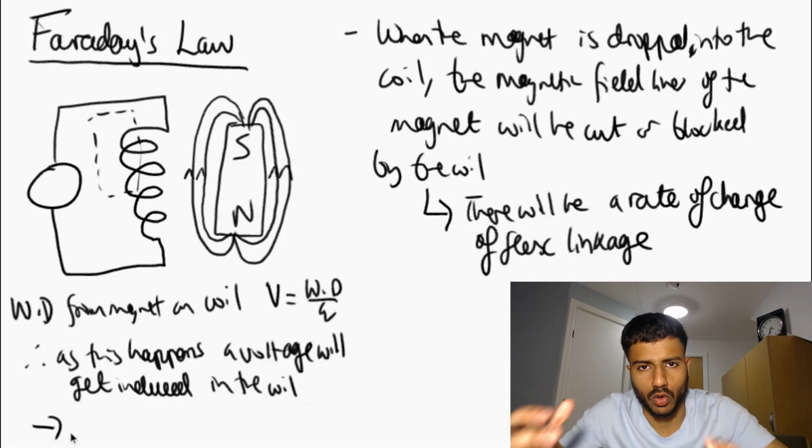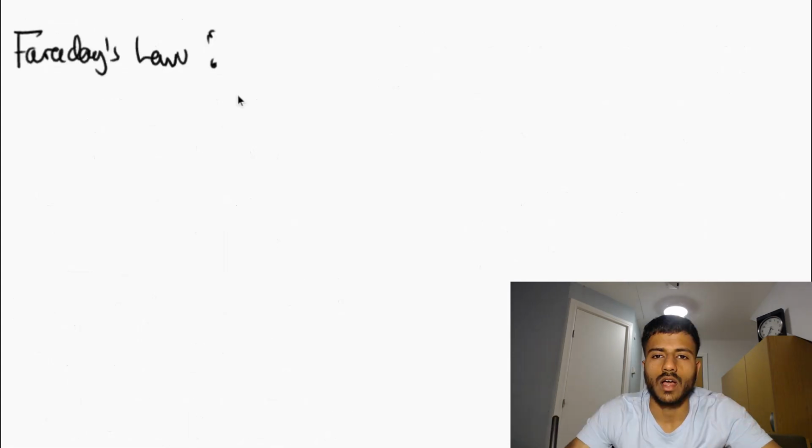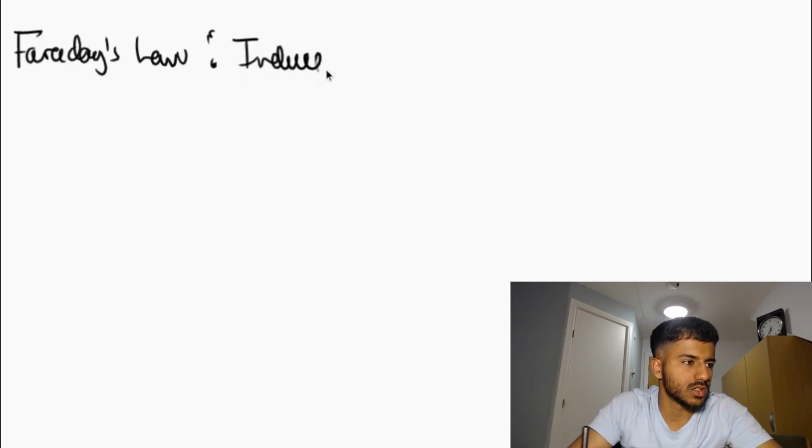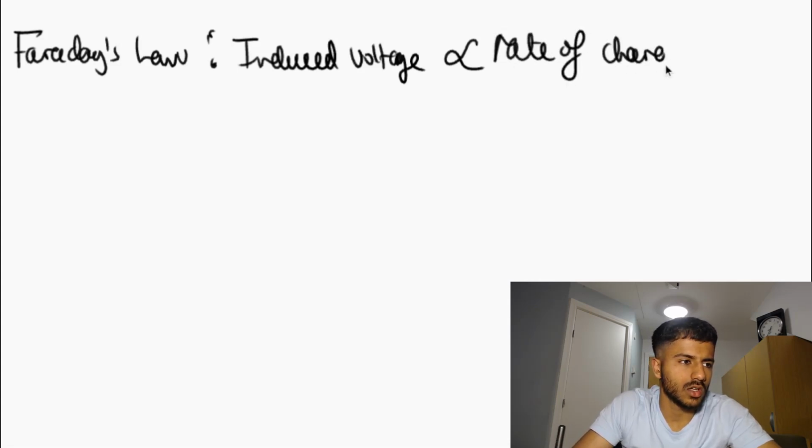And since we have a voltage, there will therefore be a current induced as well. And now Faraday's law says this: the induced voltage, or the induced EMF, sometimes it's called, is directly proportional to the rate of change in flux linkage.